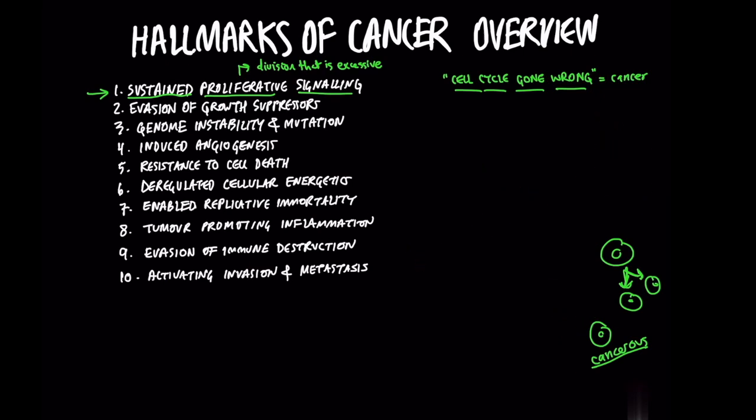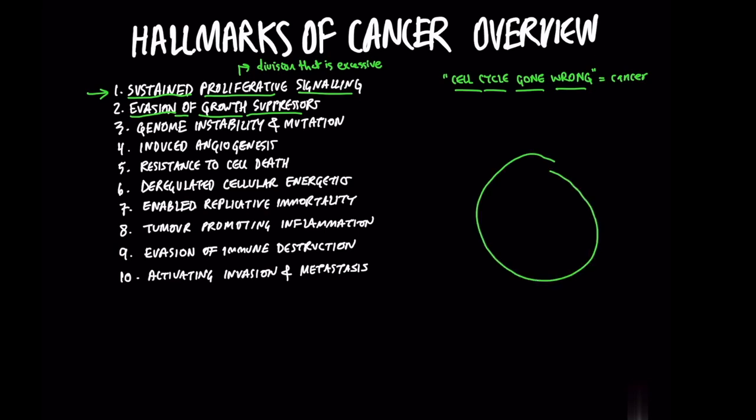So now let's go to our second topic, which is evasion of growth suppressors. In a cell, there are receptors that a growth suppressor, GS, can bind to.